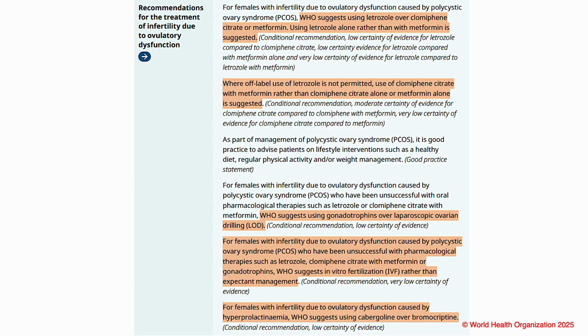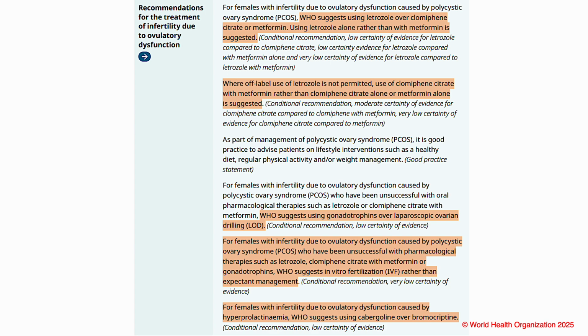But sometimes when letrozole use is not permitted, in some countries it is used as off-label, at that time clomiphene has to be used. But if we are using clomiphene, it is preferable to use it with metformin. So clomiphene citrate with metformin rather than clomiphene citrate alone or metformin alone is suggested.